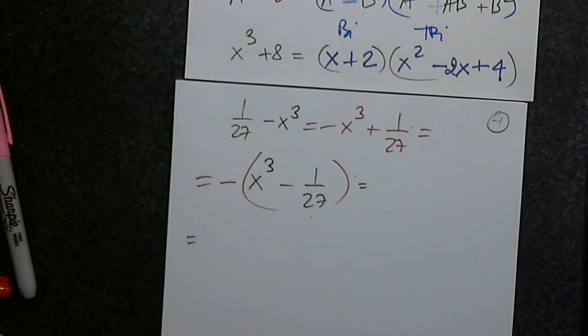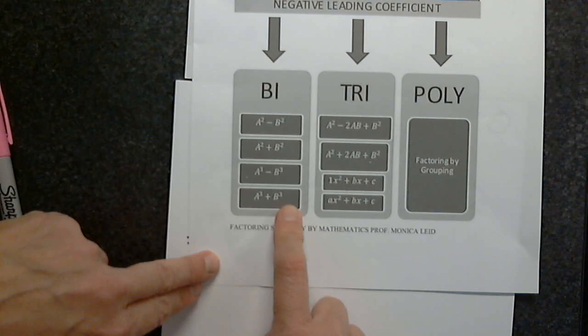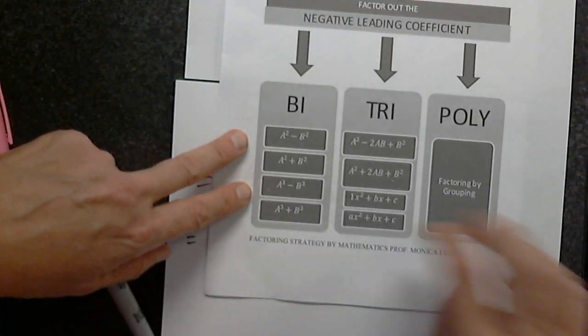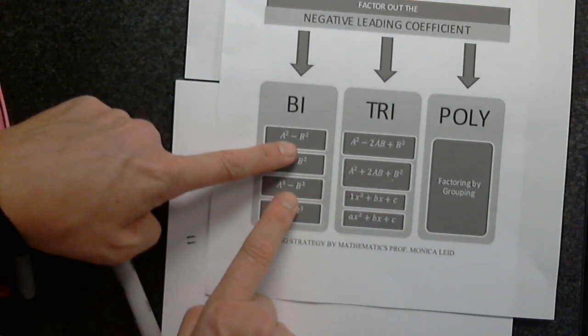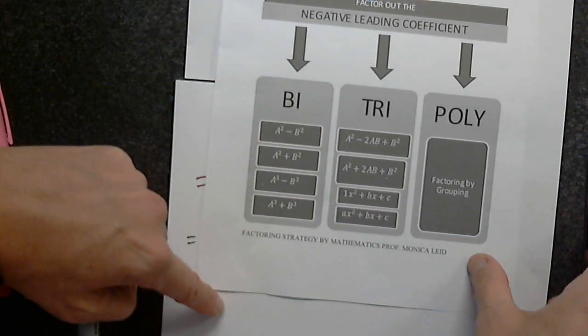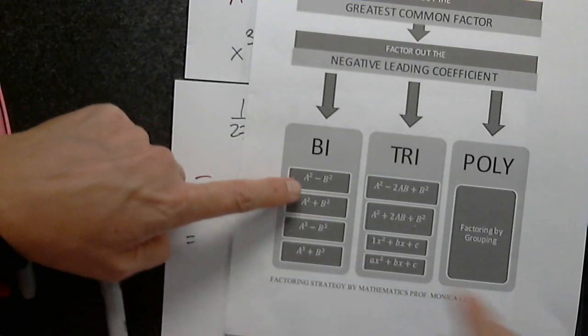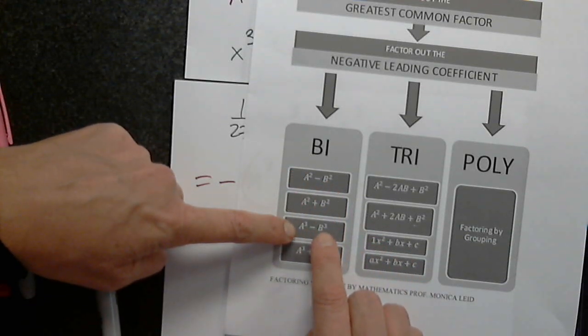So now I'm going through all four special products because I know them. First of all, I see that it's minus. So these two are disqualified right away. So I'm only looking at these two. Then I look at x cubed and 1 over 27, and I'm asking myself, are these perfect squares, or are these perfect cubes, or none of the above?